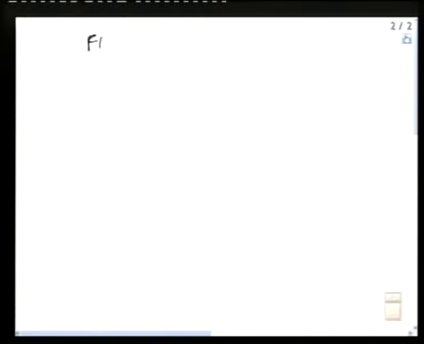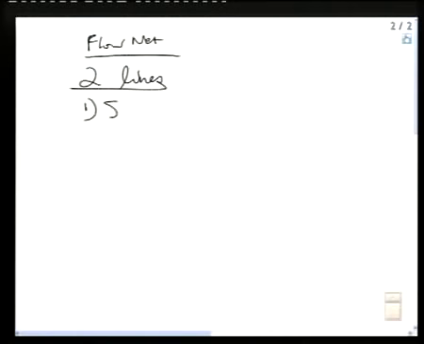Flow net. Two lines. First line, stream, but nobody uses this word anymore. You will not find this word used very much.